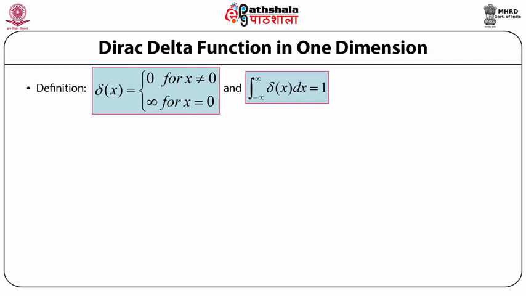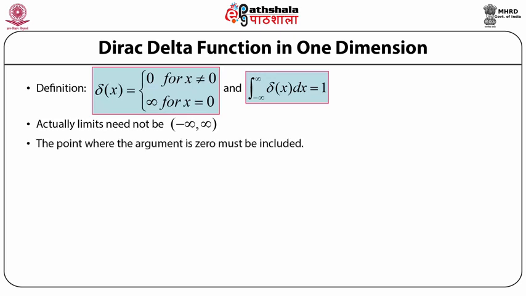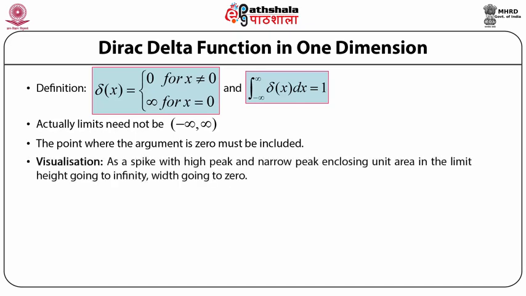Here it is important to note that the limits of the integral above need not necessarily be from minus infinity to plus infinity. What is important is that the limits of this integral must include the point where the argument is 0. And if we want to visualize this, we can think of a spike function with a very high and very narrow peak.